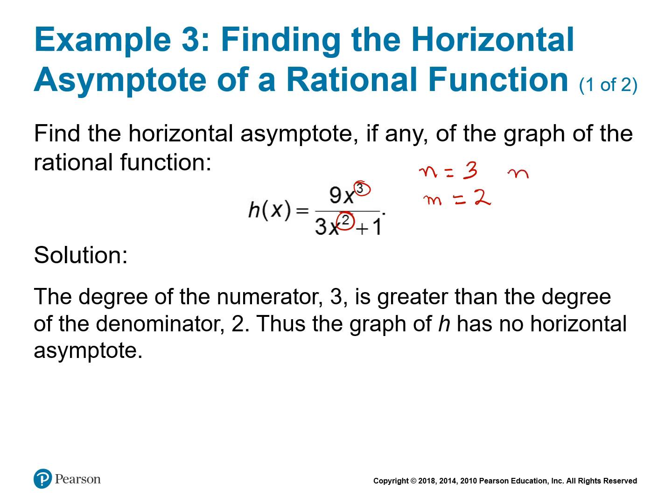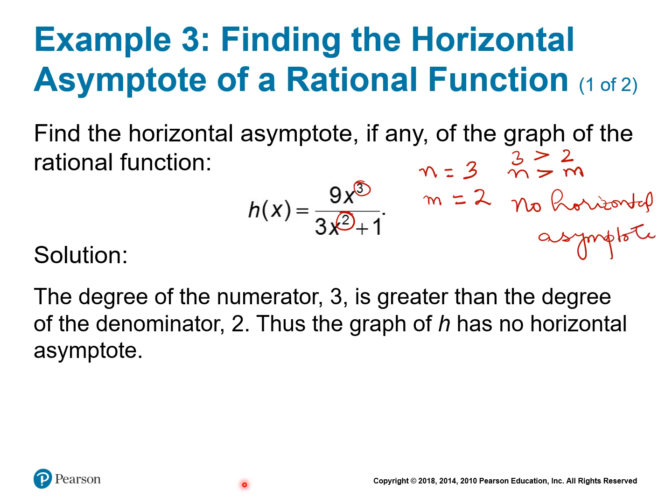Clearly, n is greater than m, 3 being greater than 2. What does the rule say? It says that in this case, it will have no horizontal asymptote. No horizontal asymptote. And that's what the solution is.